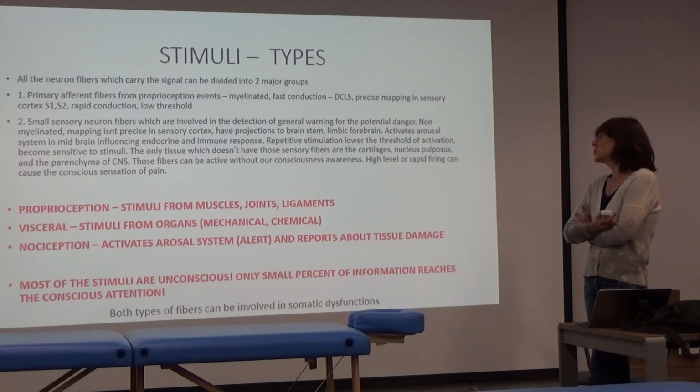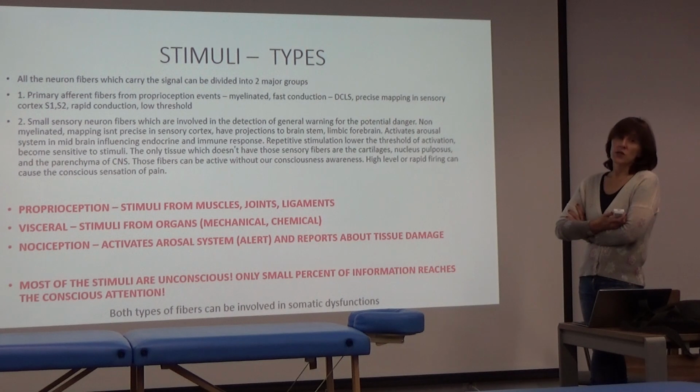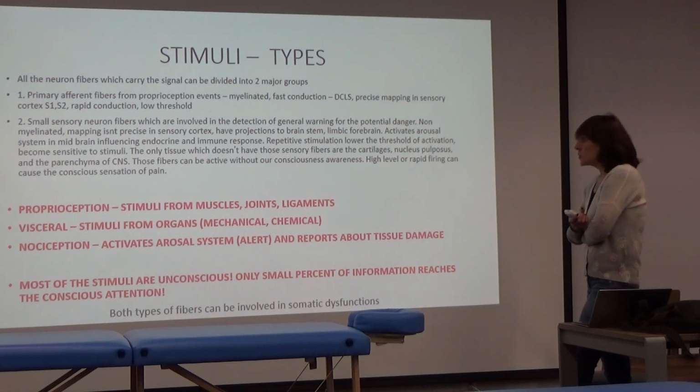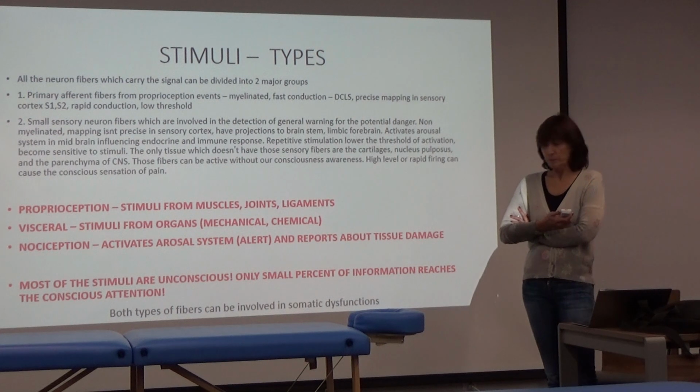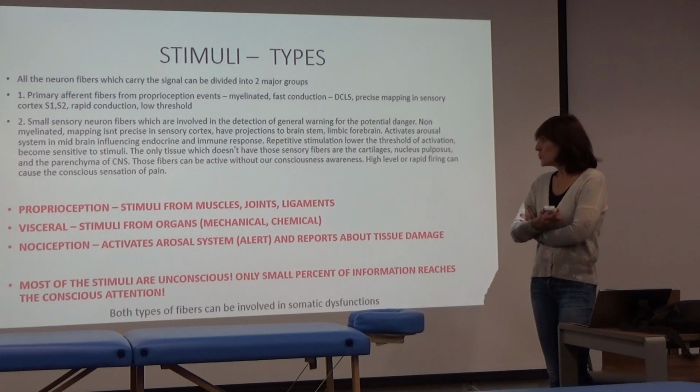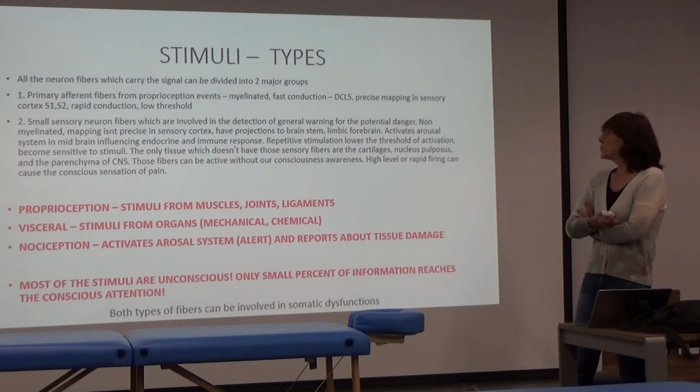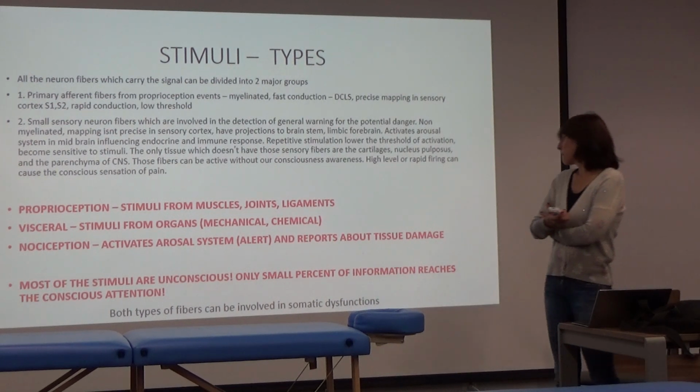And this is called nociception, and it also activates our arousal system, so we are aware that something wrong is going on. And nociception is involved in any kind of pain sensations, but it's not the same as pain itself. But nociception will advise the central nervous system that some tissue is damaged or inflamed, or something wrong is happening.